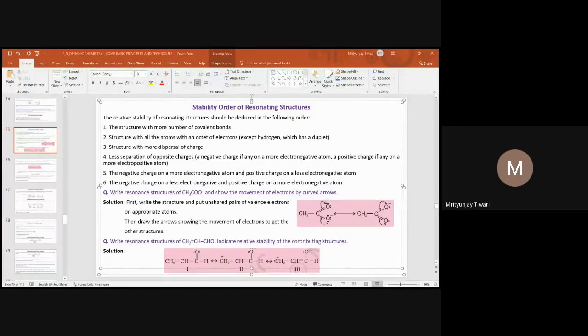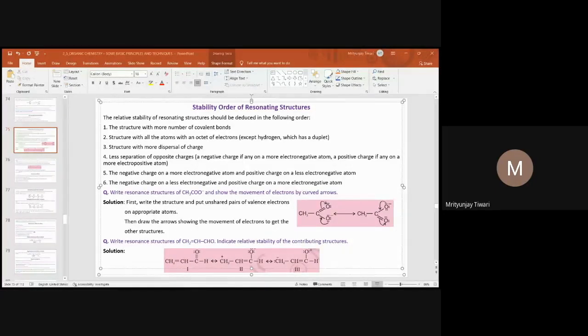That is why the acetate ion we sometimes also write as CH3, single bond C, single bond oxygen and single bond oxygen, then we write a dotted line between these two oxygens and the negative charge in between these two oxygens. This structure we write as the resonance hybrid. It appears like a resonance hybrid.